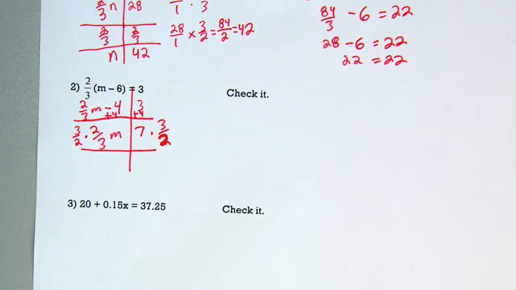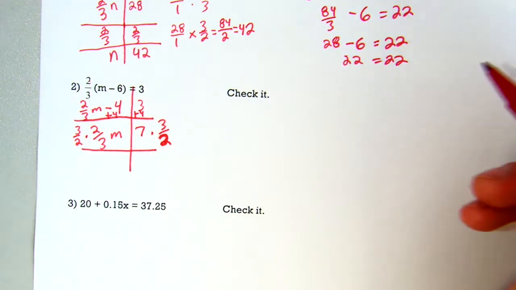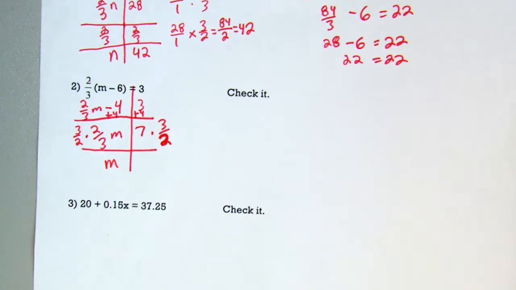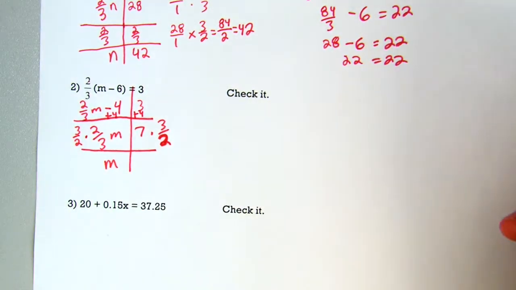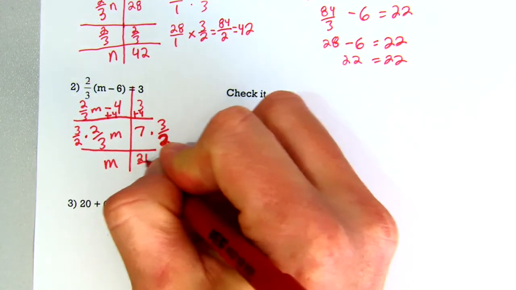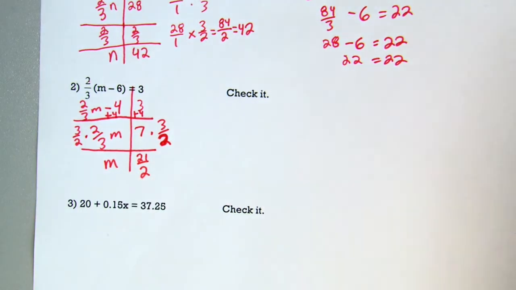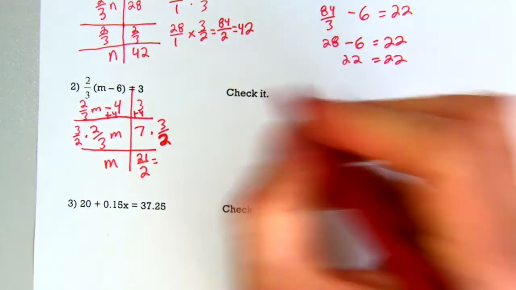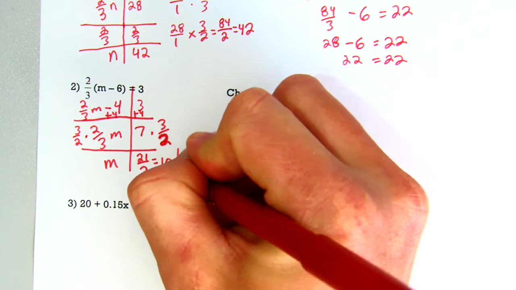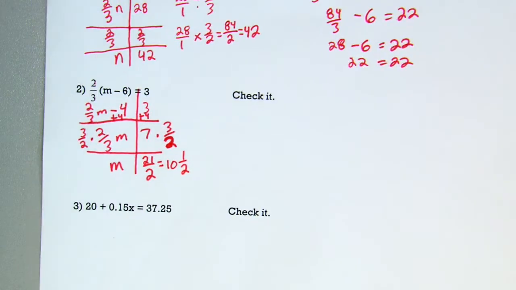So instead of dividing by the fraction, I'm multiplying by its reciprocal. These would cancel each other out because they are multiplicative inverses, and that is equal to n, and then 7 times 3 is 21 over 2. This can be simplified to 10.5. Okay. So n is equal to 10.5.